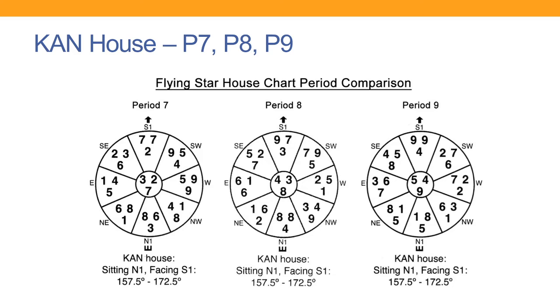One is built in period 7, this one is built in period 8, and this one is built in period 9. So you will see that each house, even if they're sitting and facing the same direction, has a different chart. Right in the center, it's already different.